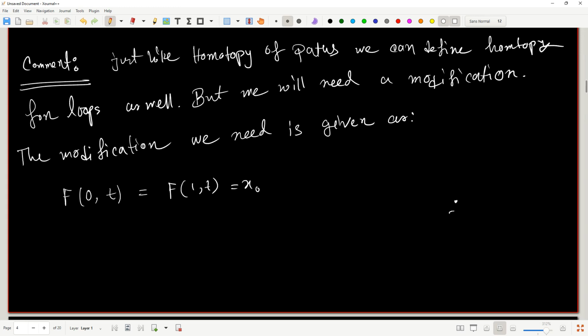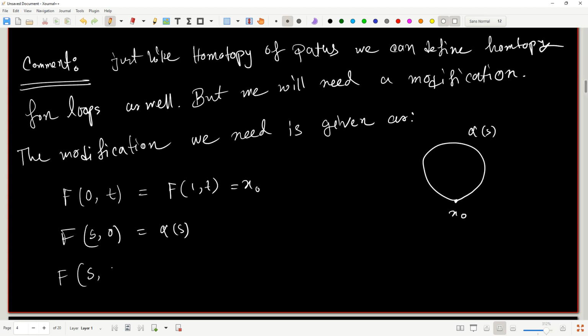Because recall, what is a loop? You have a point like this, you traverse some path and come back to the same point, right? And now let's say this is the loop alpha of s. So when t equals 0, the parameter is 0, for any s this is alpha of s. And when your parameter is 1, let's say this is beta of s.